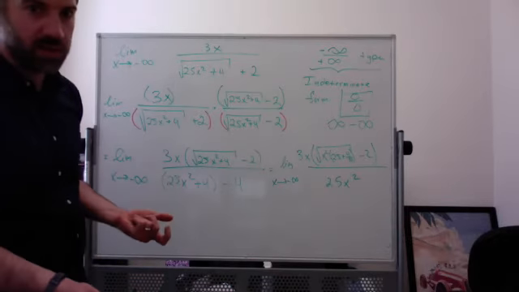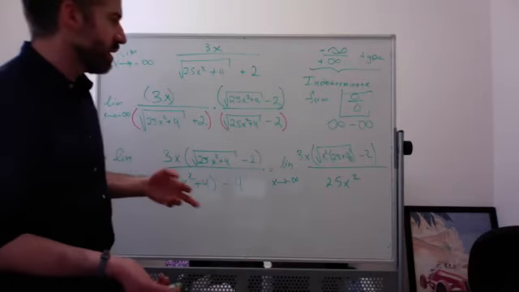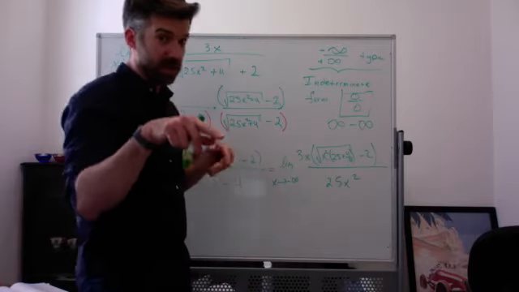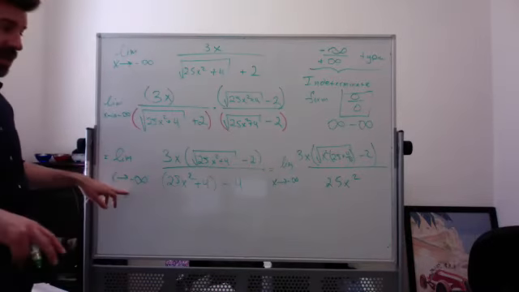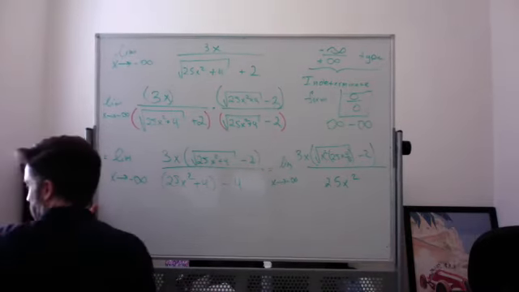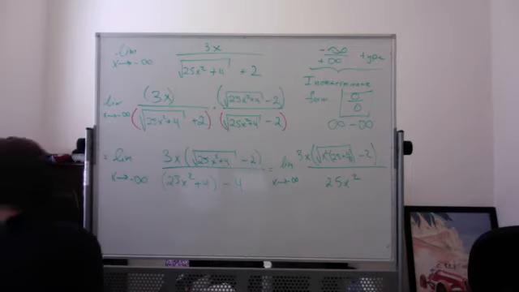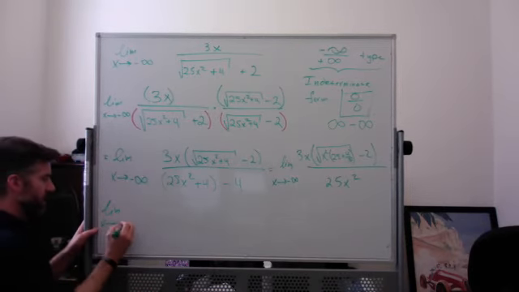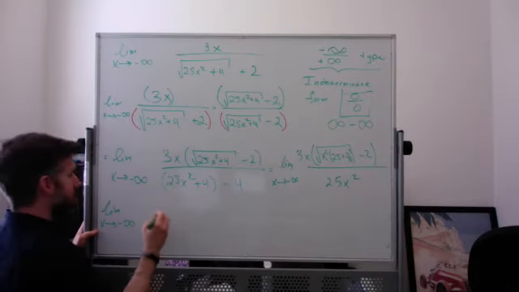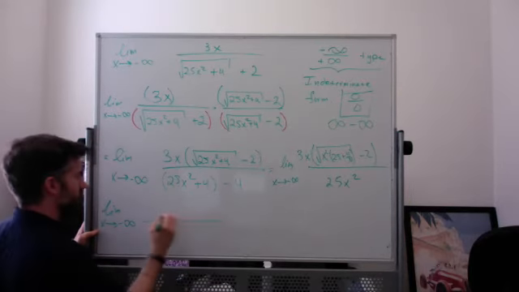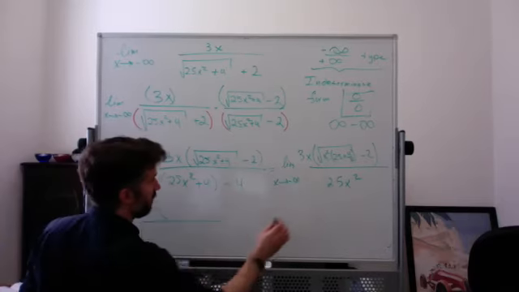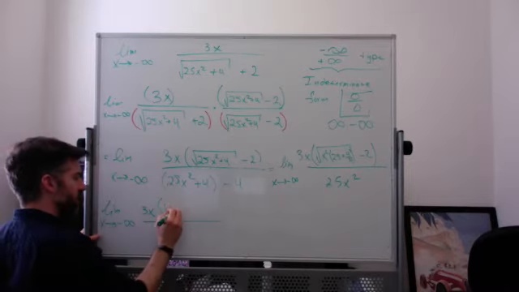Okay, we're getting close. The reason for doing that is that then you can say the square root of x squared is the absolute value of x. And this is where it's important that it's negative infinity. So I've got the limit as x goes to minus infinity of, on top I've got 3x times the quantity, the square root of x squared, which is the absolute value of x.